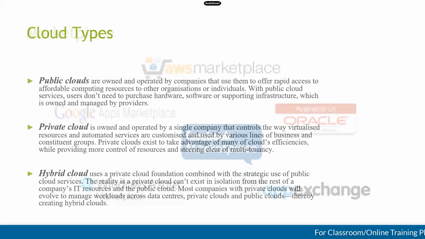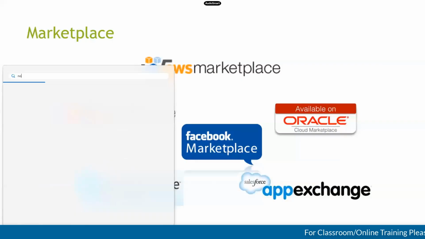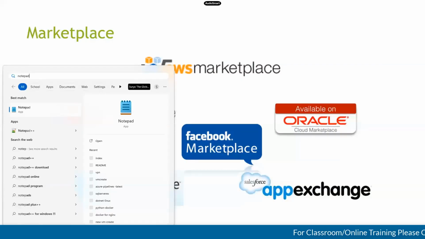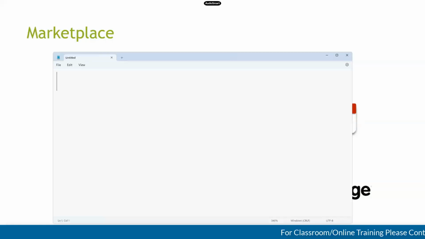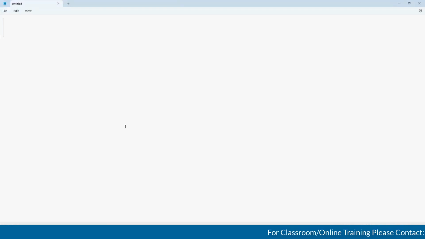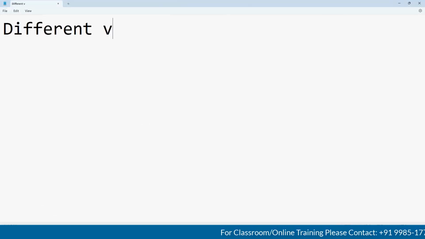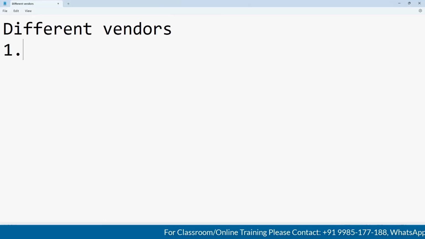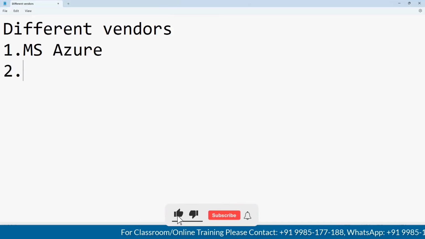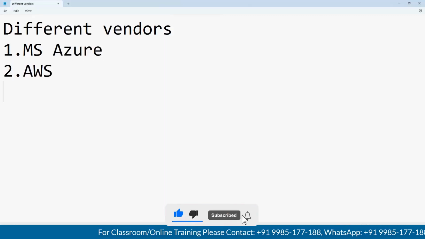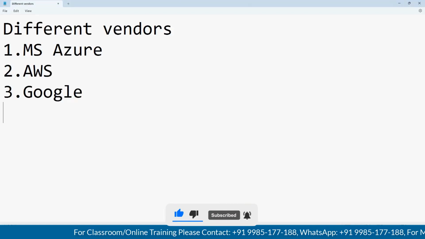Next, there are different vendors to provide cloud computing technology. One is Microsoft Azure. Second, AWS. Third, Google Cloud.